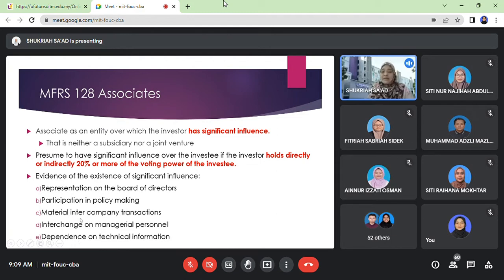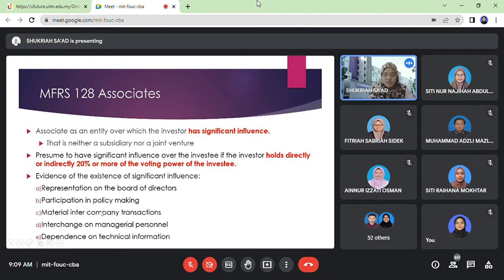Material intercompany transactions between the holding investor and the associate, and interchange of managerial personnel. They are able to transfer their staff from one department to another, and dependence on technical information. So they depend on whatever technical information is available.